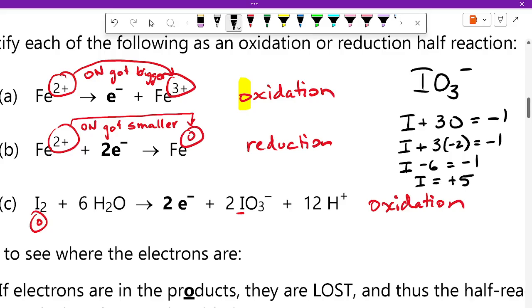Did you guys get +5? Excellent. So it went from 0 to +5. And don't just totally ignore the coefficients. They have nothing to do with it, okay? You're looking at the single species. It went from 0 to +5. It got bigger. So that is oxidation.